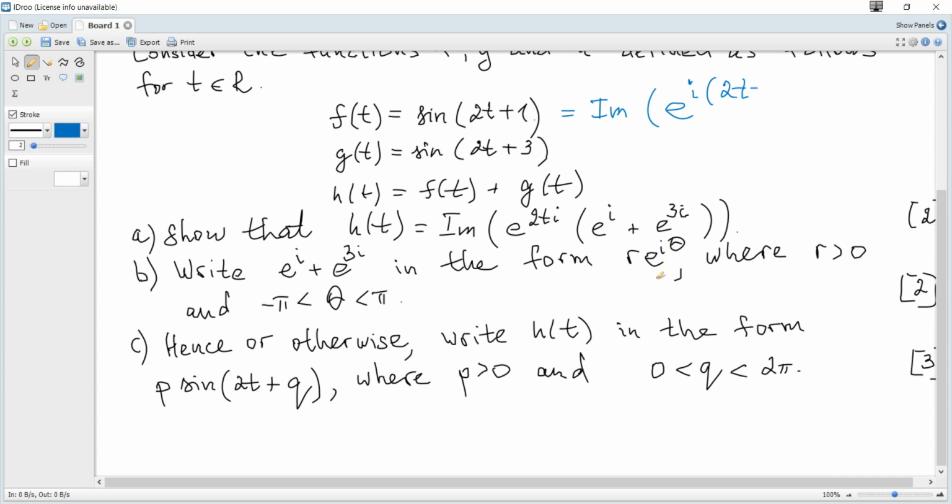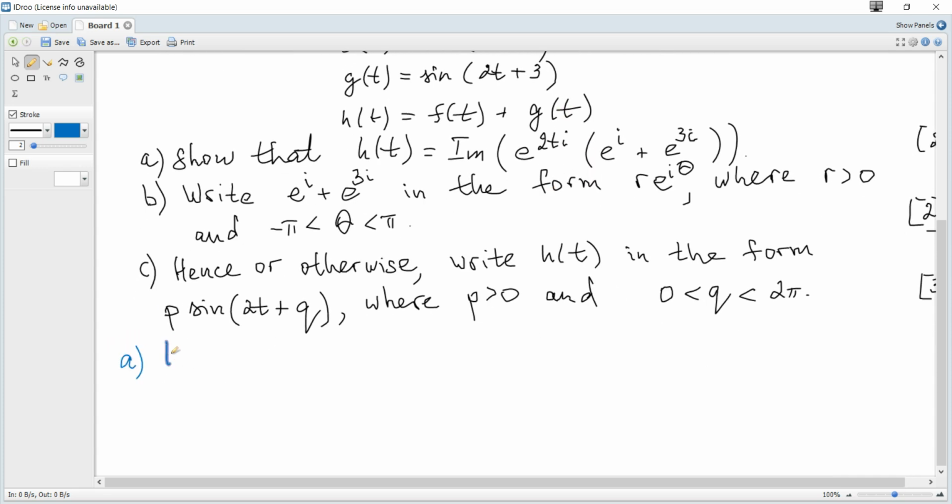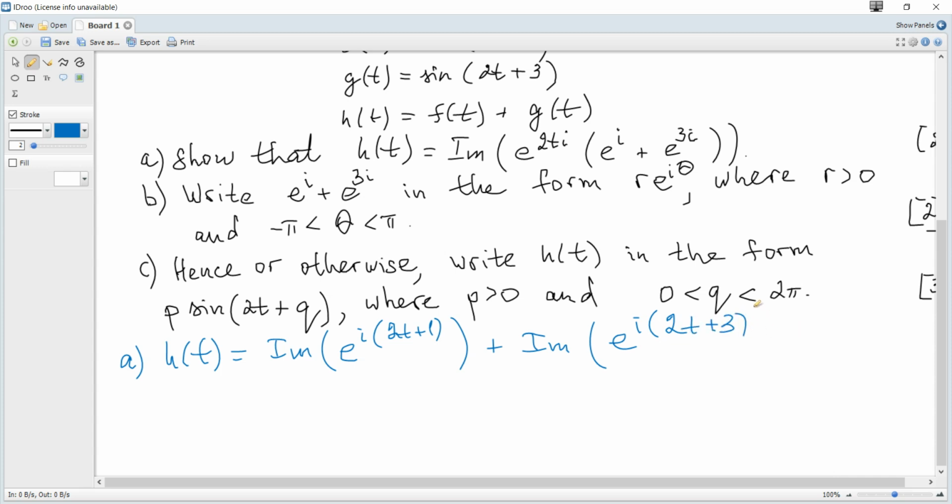Hence h of t becomes the imaginary part of e to the power of i multiplied by 2t plus 1, plus the imaginary part of e to the power of i multiplied by 2t plus 3, and the imaginary plus the imaginary will also be the imaginary part of a sum.